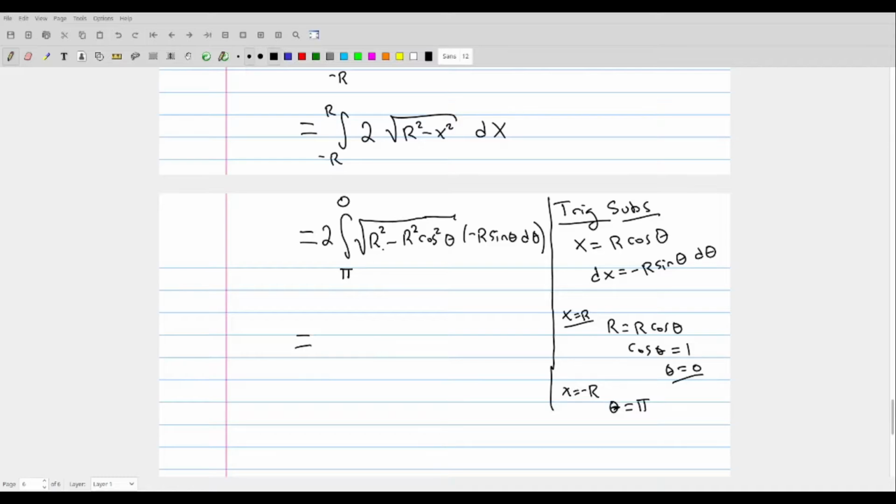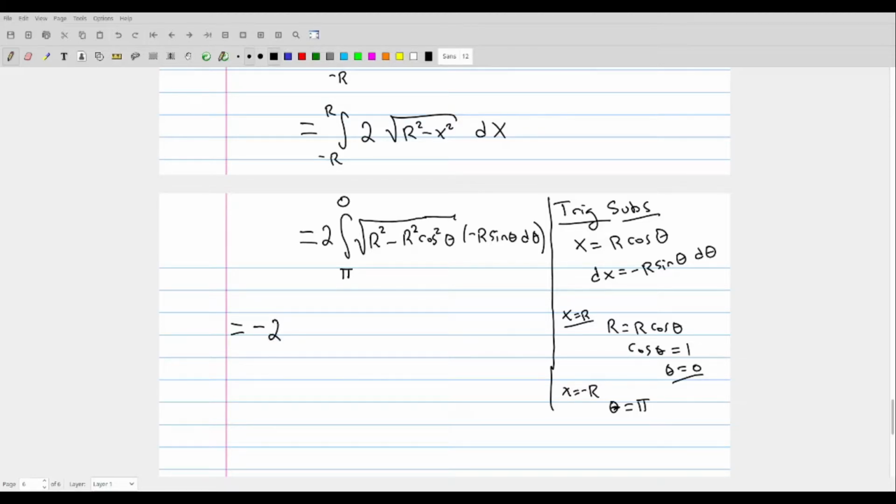And then here we can factor out an r squared under the square root. So we'll write this down. This will be 2 times, we'll move this over a little bit so we have more space, that's going to be the negative sign.